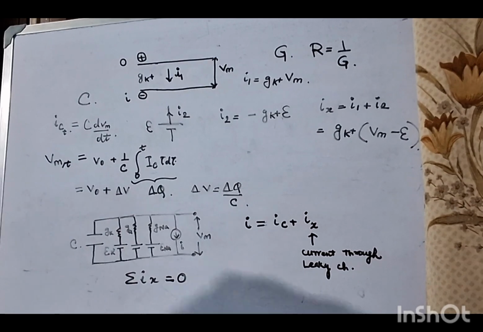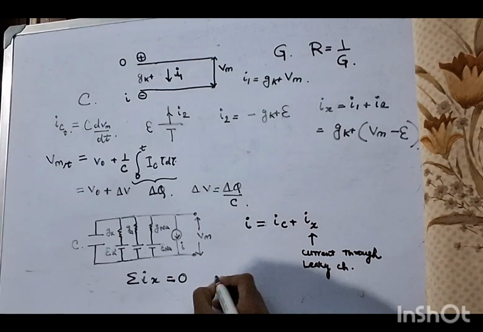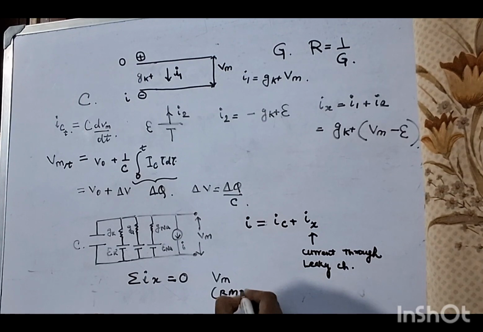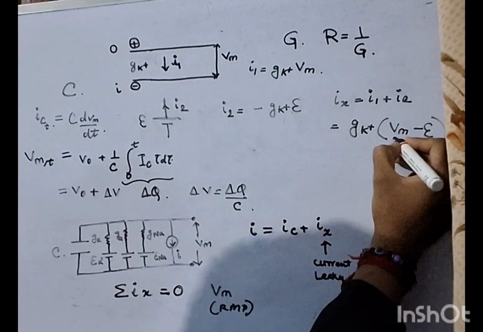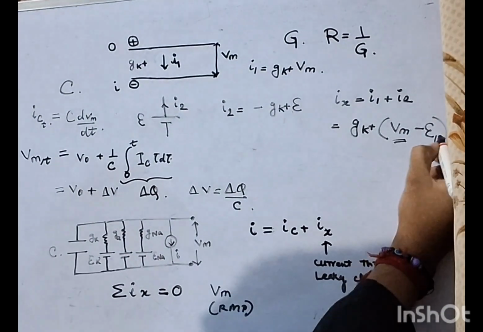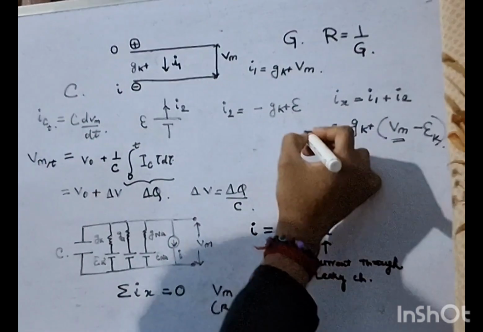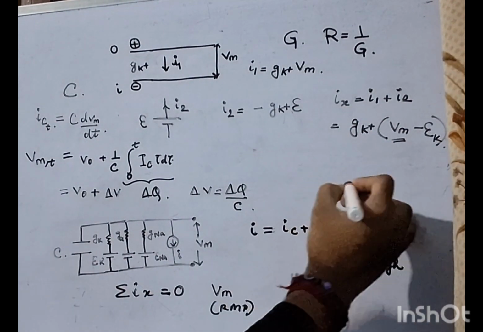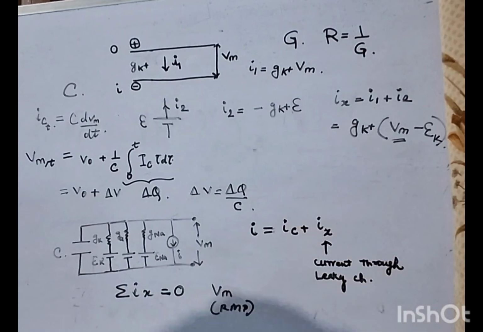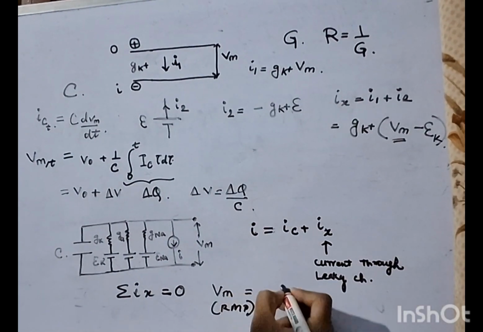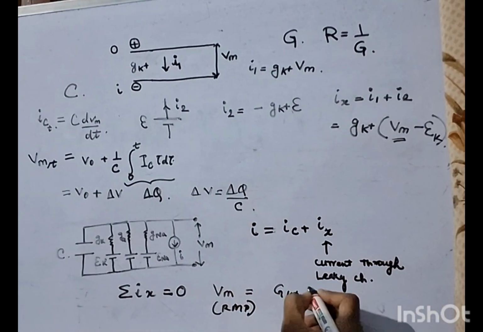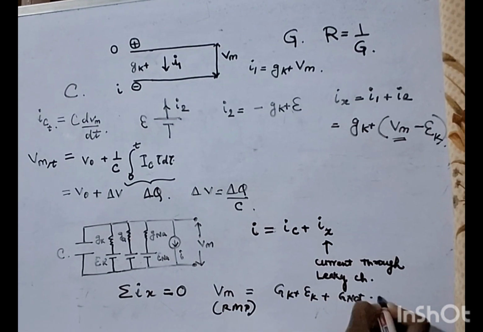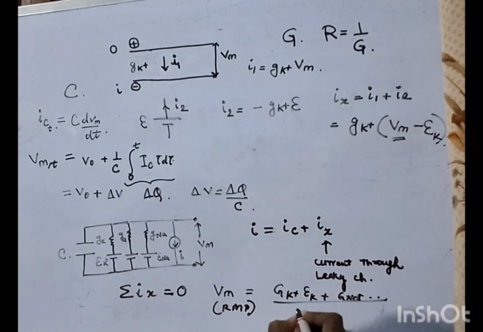From here we come to the conclusion that the membrane potential, which is actually the RMP in this case, in the equation this factor will be constant and these are the changing variables. So if Ix equals 0 and you calculate from there, Vm comes to be something like this, divided by the resistances.